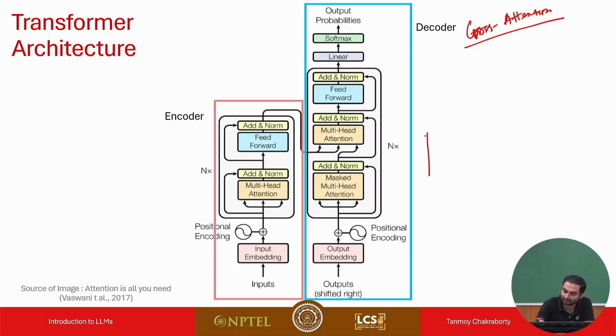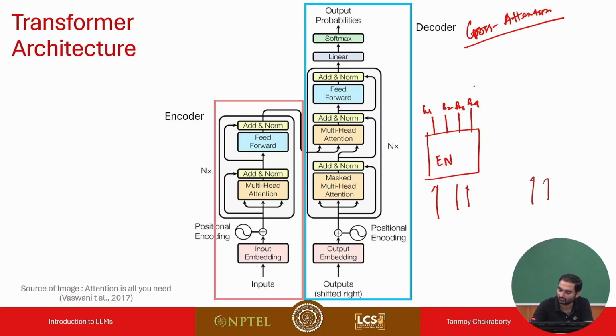What is cross attention? This is the encoder, and let's say these are the final outputs, H1, H2, H3, H4, from the last layer. And this is my decoder block.